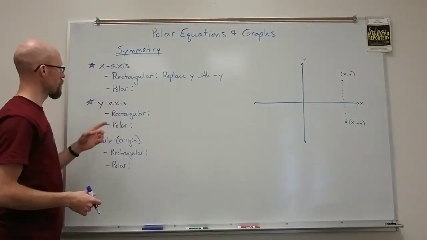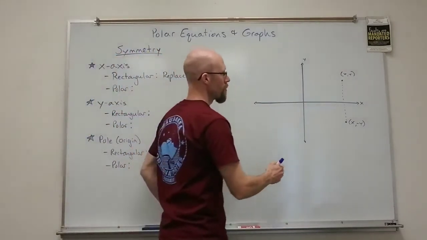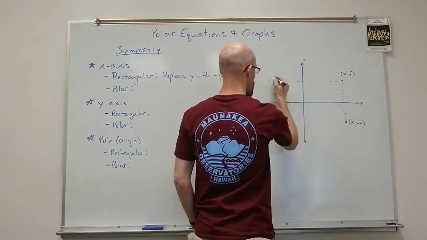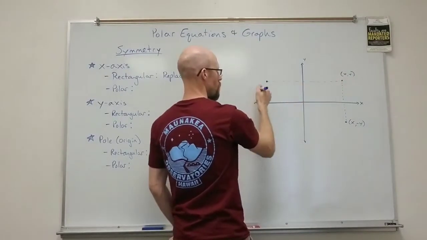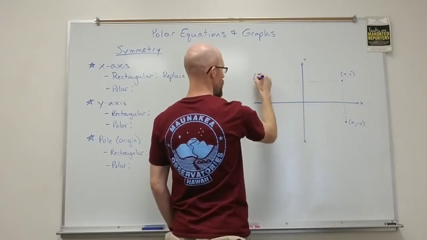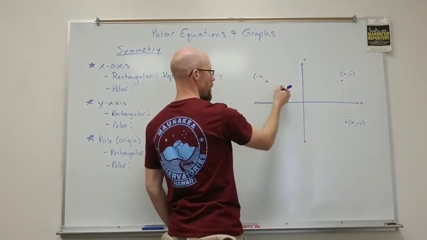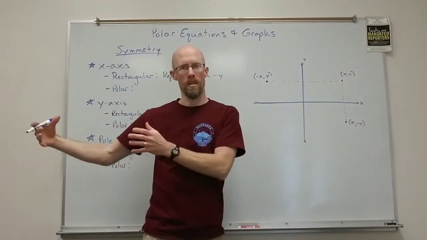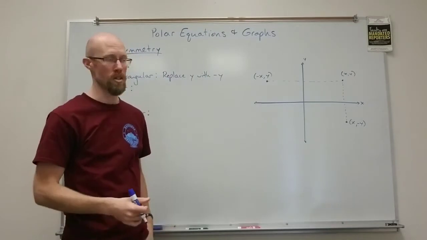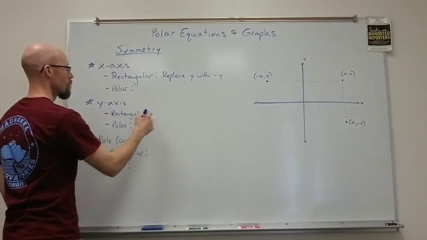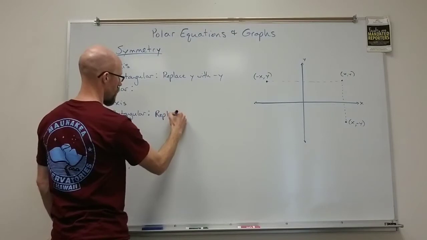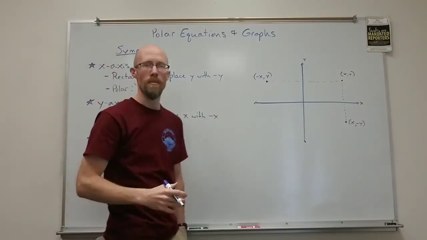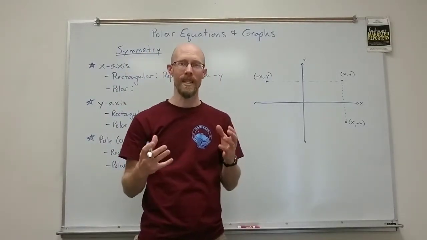Now with the y-axis, if you have the point (x, y) and you reflect it across the y-axis, again the same distance across, it's the x value that changes sign, and the y value stays the same. The height stays the same, but now the horizontal distance or value changes sign. And so you would replace x with negative x, and after simplifying, you should again get an identical equation.